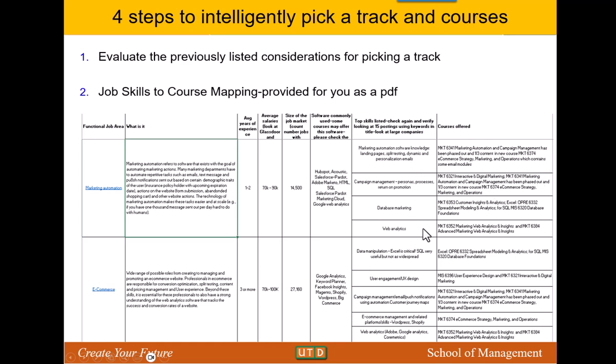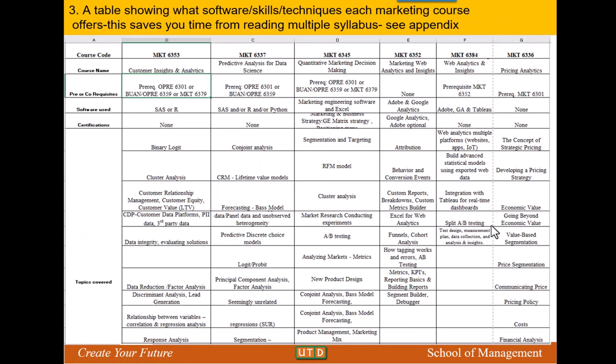Once you kind of know the area you're interested in, look at some of the different job titles, and then look at some of this information. This will help you decide what courses you want to pursue. Then the other thing we provide you to make life easier for you, so you don't have to look at 20 different syllabuses from different marketing courses, we provide several sheets.